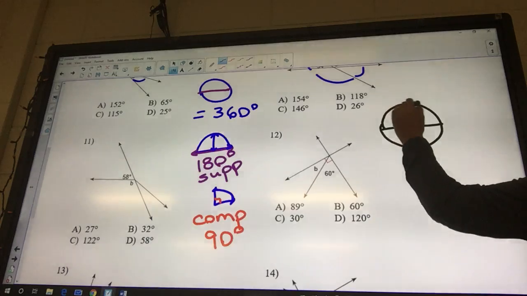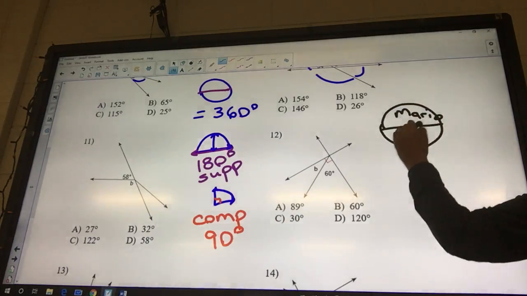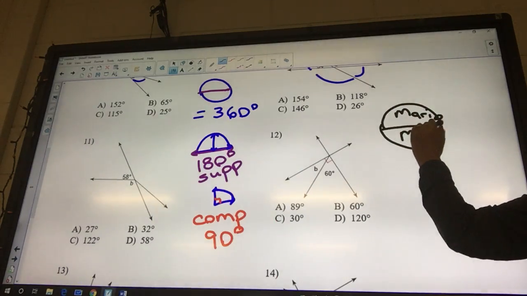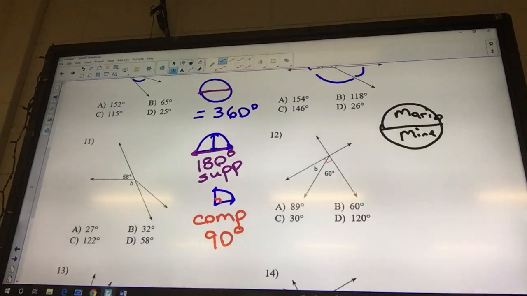So this part is Mario's, and this part is mine. How much is Mario's? How much is a half of the circle? 180. So how much is mine? 180. So if something is 180, the other thing has to be 180, and that's called congruence. That means equal and fair for all.